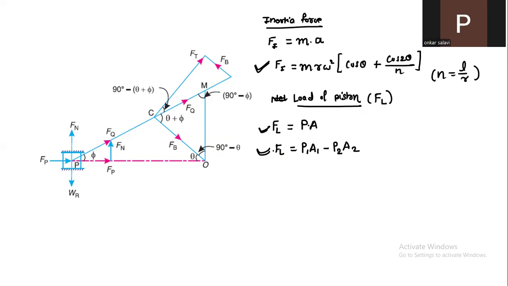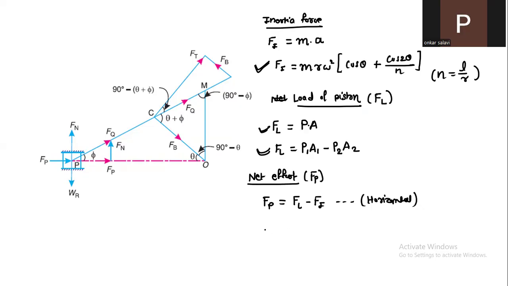From these two forces, FL and Fi, we can find out the net effort, which is represented as Fp. Fp is equal to FL minus Fi, and this formula is for a horizontal engine.